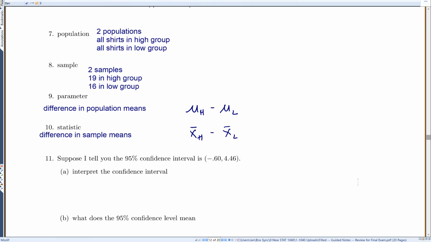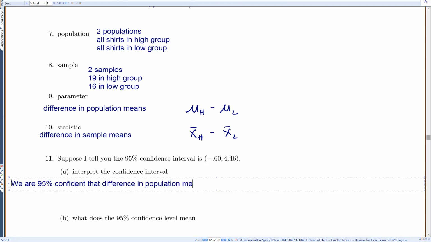Now, suppose I tell you that the 95% confidence interval for this difference in the population means is negative 0.6 to 4.46. So let's interpret this. So we can say it a few different ways. We could say, we are 95% confident that the difference in population means is between -0.6 and 4.46.